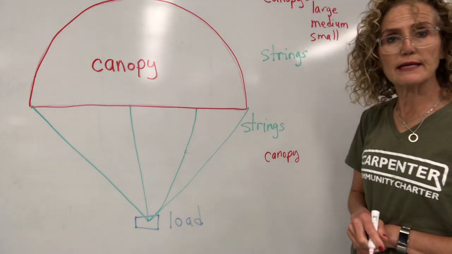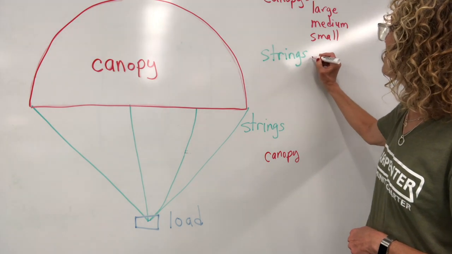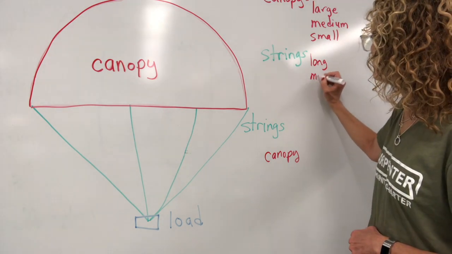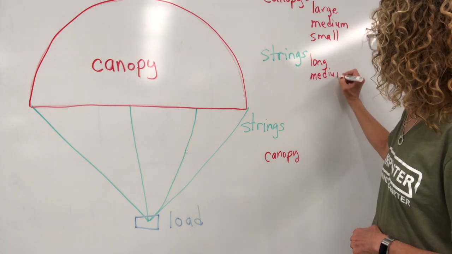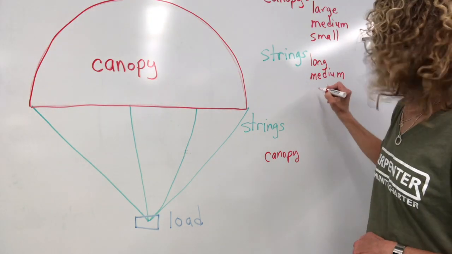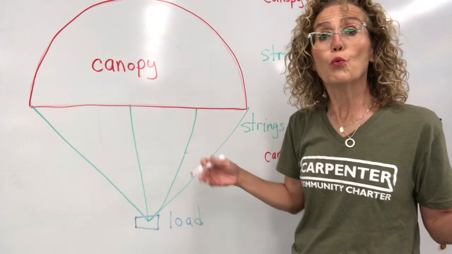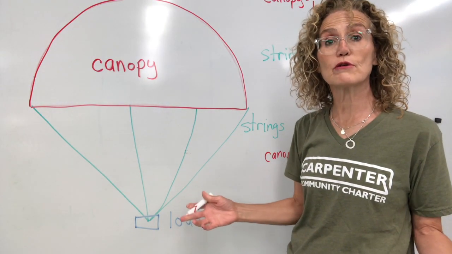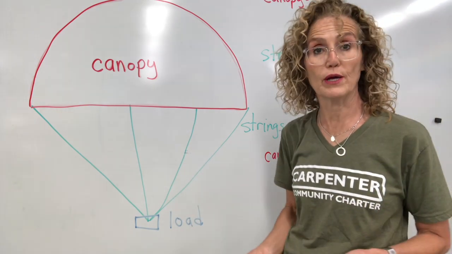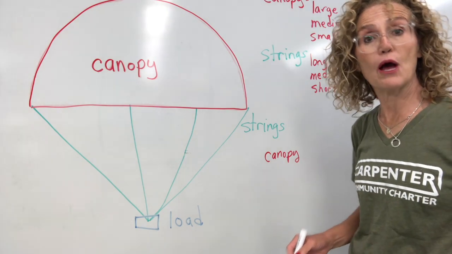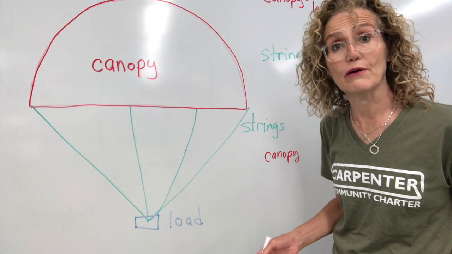Then the strings. I think we should start with some long strings, some medium strings, and some short strings. And we're going to test which one makes the parachute fall the slowest. Okay, and then lastly, I think we can take a look at what is the parachute made out of.